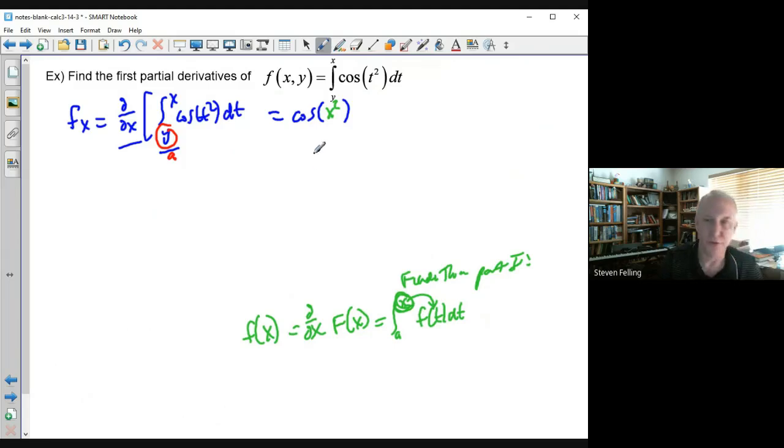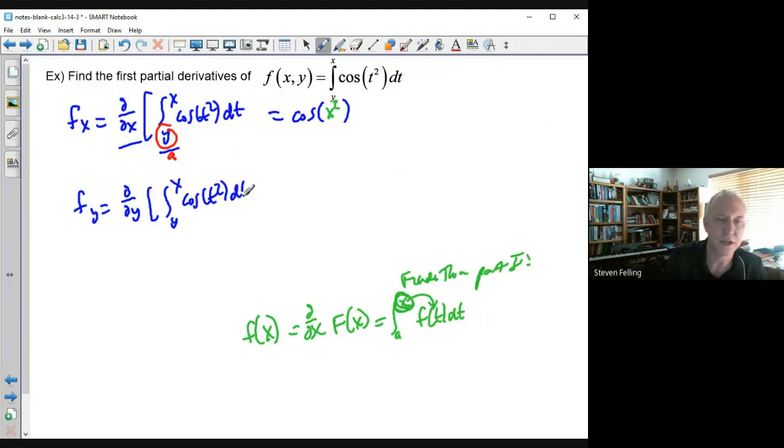Okay, kind of convoluted. I think that might be one of the homework problems, and that's the reason why we include that. But if we did fy, then I'm taking the partial derivative with respect to y of this function, and now it's the x that is the constant. So this is the constant. So what would that look like?